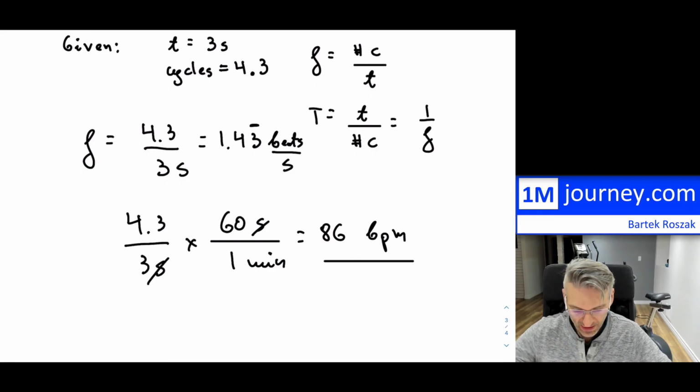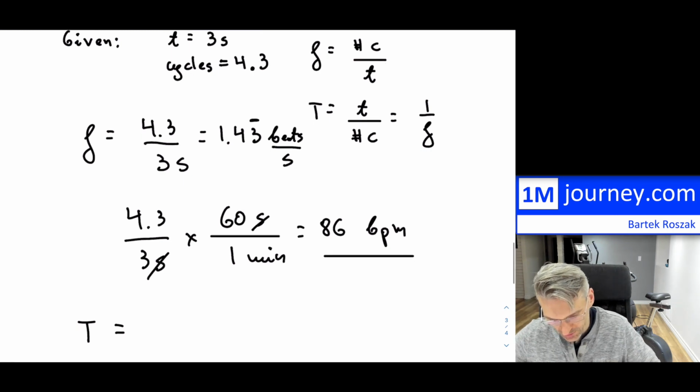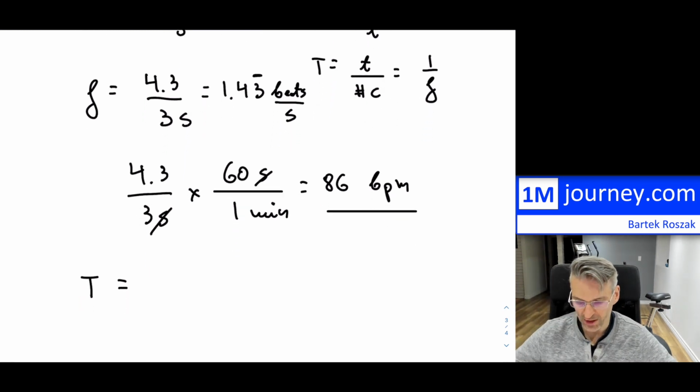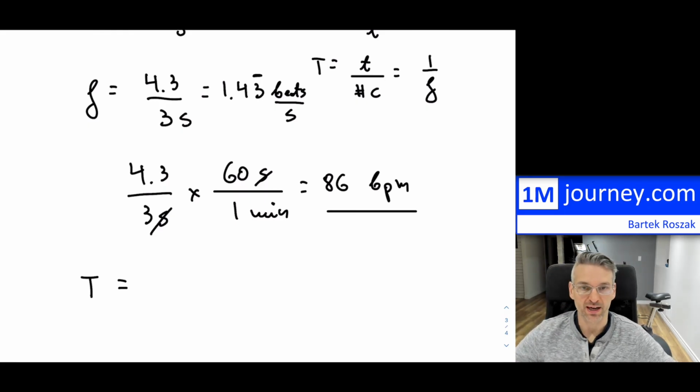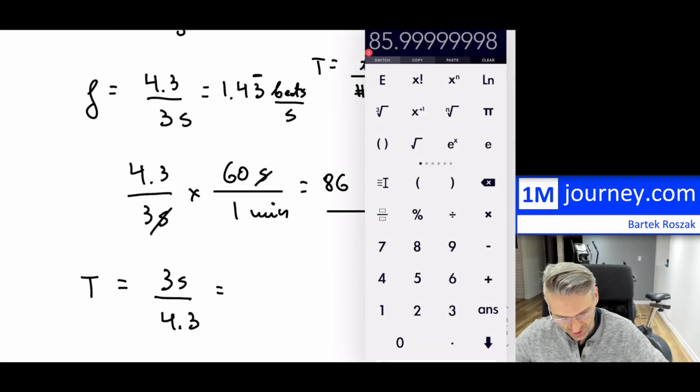Now, in terms of the period, don't forget that period is time divided by the number of cycles. So you could have said 3 seconds over 4.3 to get an approximate answer.